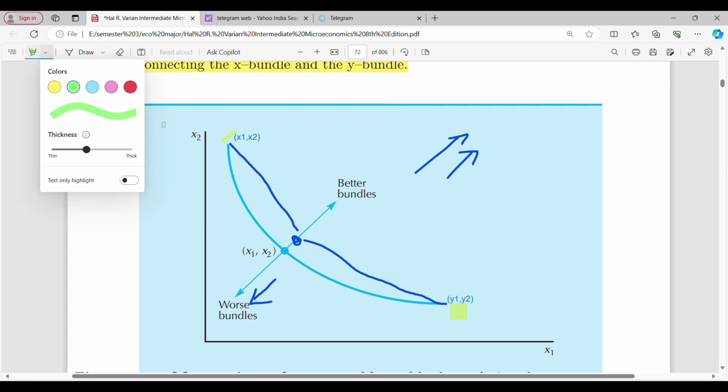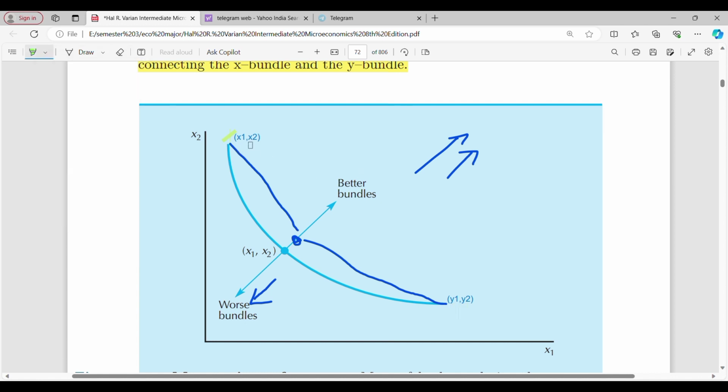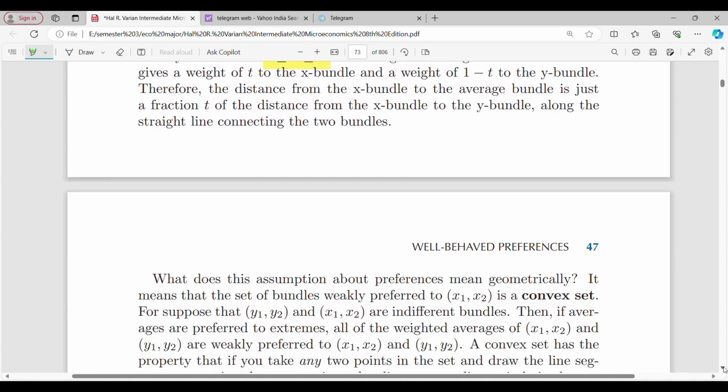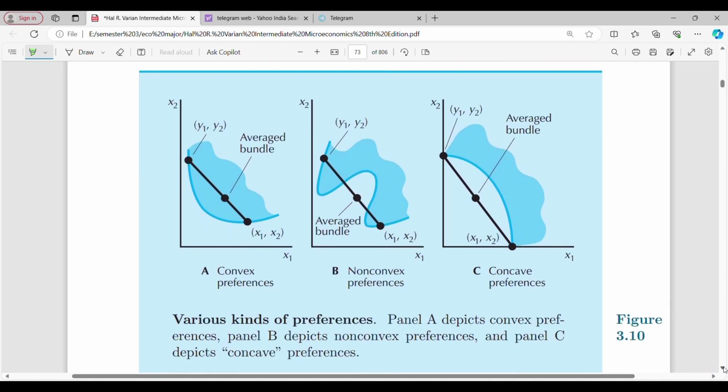And how can this be denoted, like this part. This average bundle will come in this shaded region. The convex preference will be coming in this shaded region. This example shows it is shaded and this average bundle comes here, so that is a convex preference.